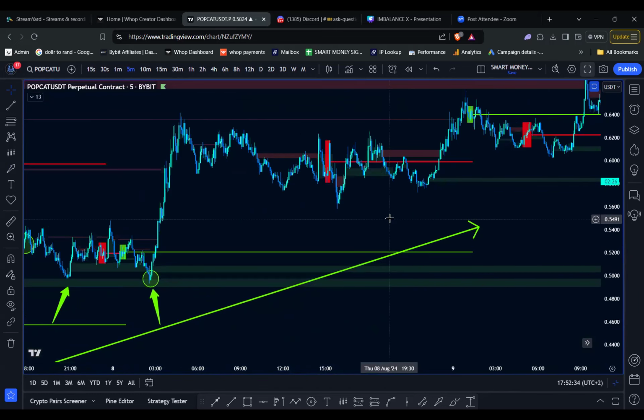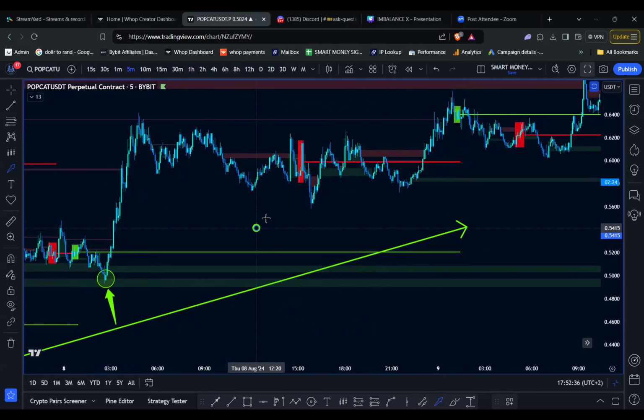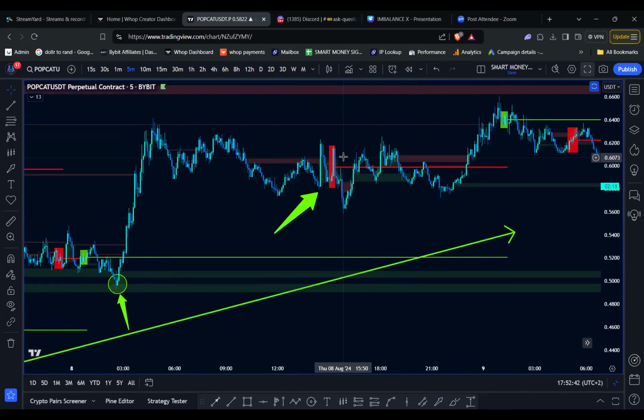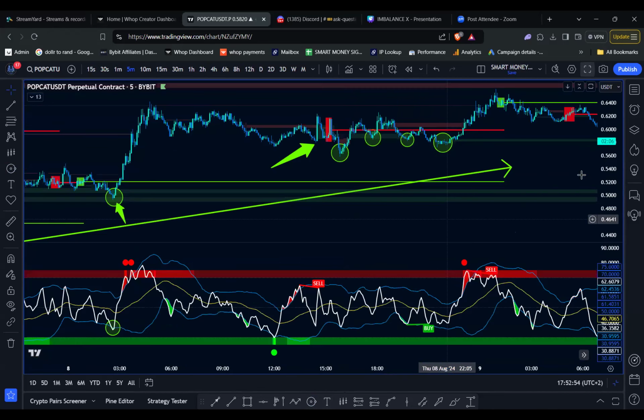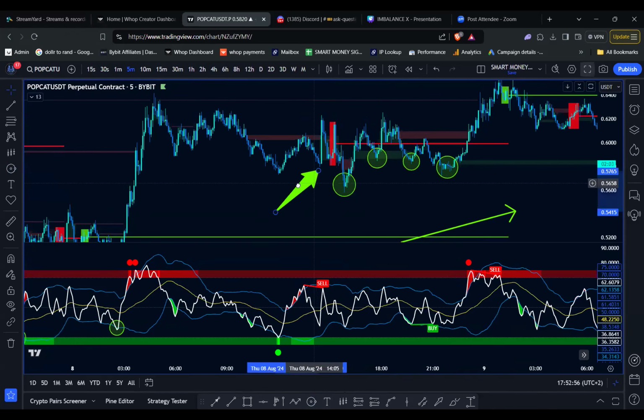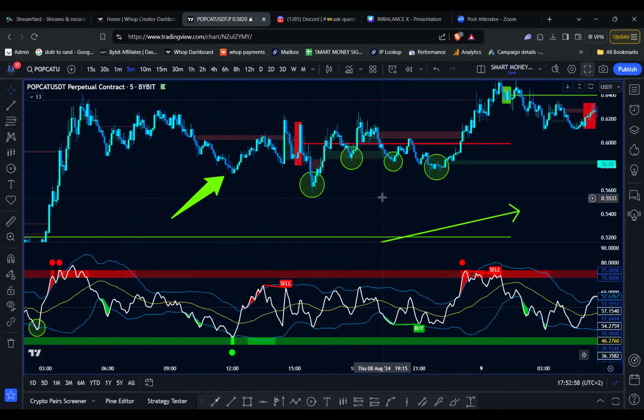So if we keep going, we get another great example over here. You can see we get a contraction box starting, we get price under the value line. This becomes one of our entry points. Price under the value line again, and price under the value line, and then price under the value line over here. So you can see we had 4 opportune moments. Now let's look for confidence using the TDIX.